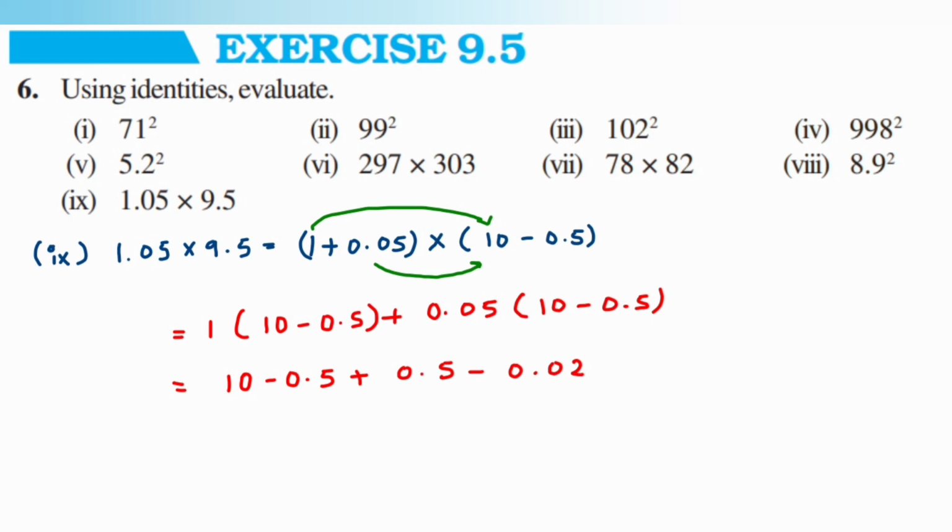Okay, now when you solve all this, you can cancel minus 0.5 and plus 0.5 and we'll end up with 10 minus 0.025. When you subtract 0.025 from 10, we'll get 9.975. So that's it. This is the answer for this problem.